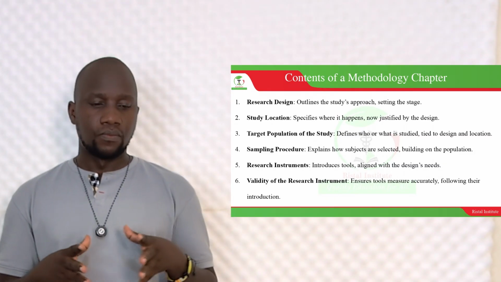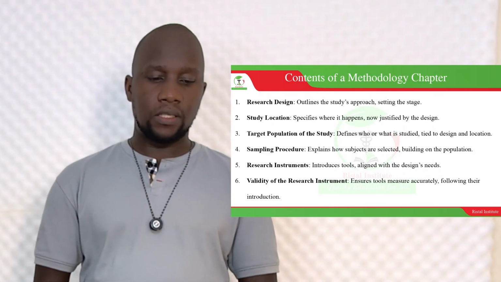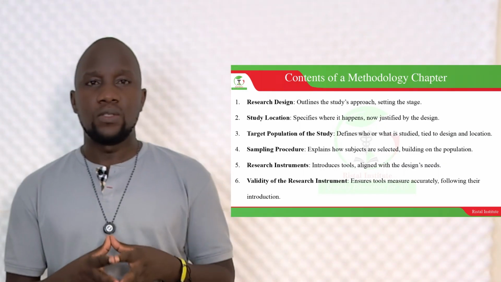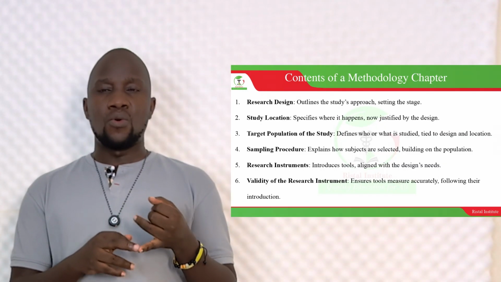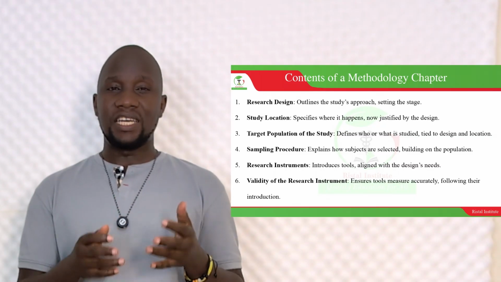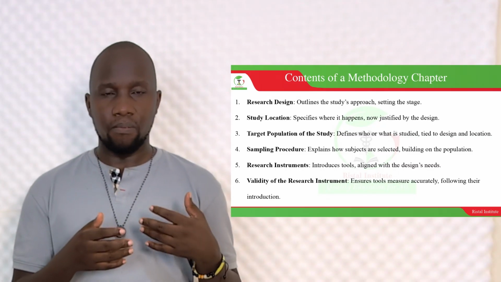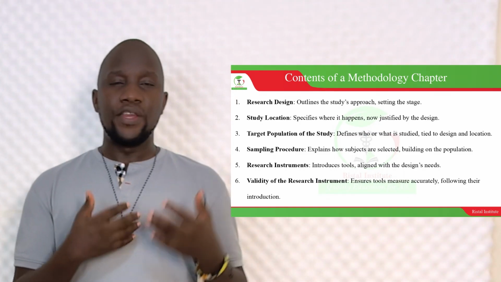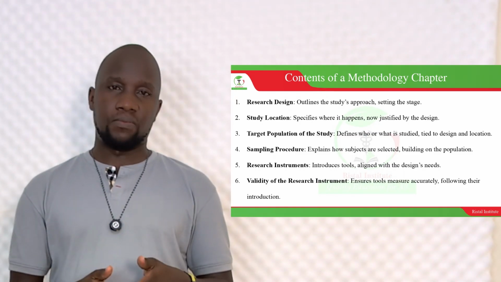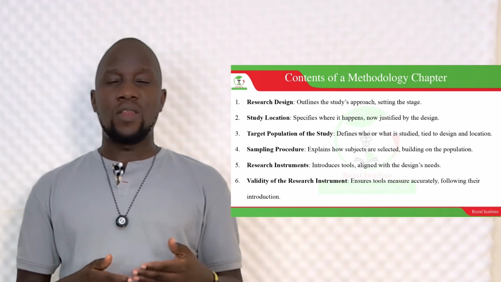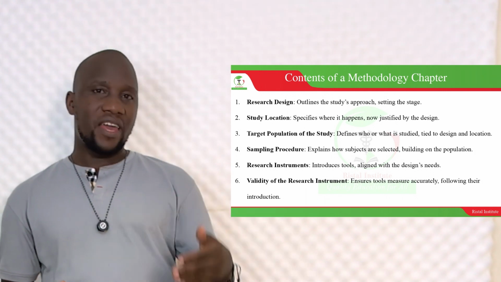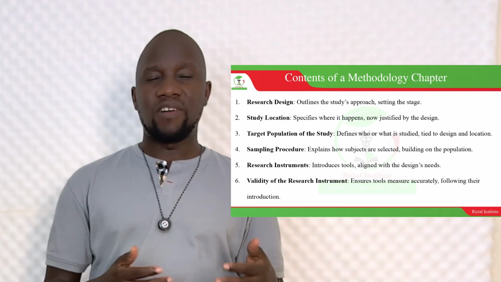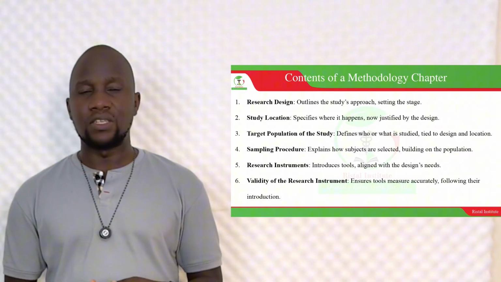Research tools. When we are talking about research tools, whether it is a questionnaire or a well-validated tool for measuring something, you need to describe that tool. Are you using a tool that is already developed, or did you develop your own tool? Why haven't you used the tools that are already available if they're universally used?